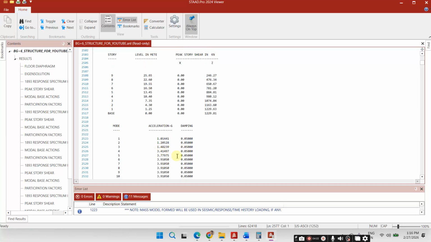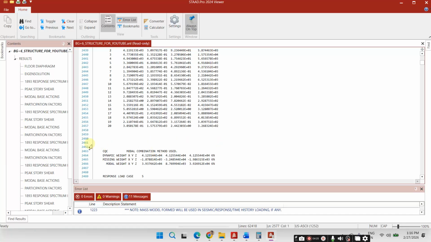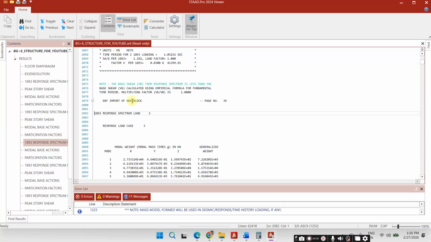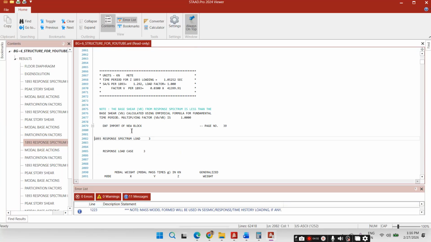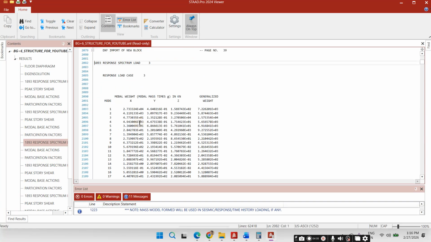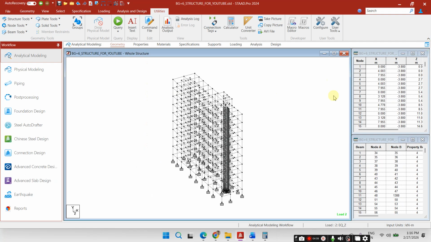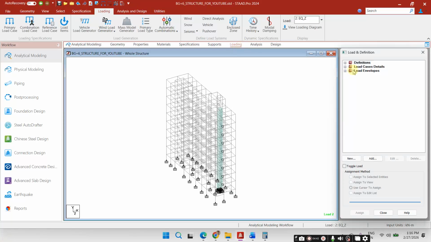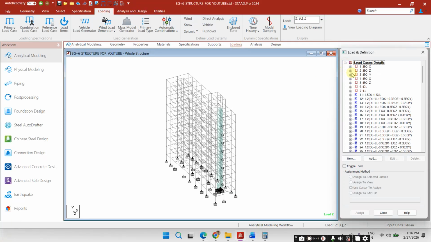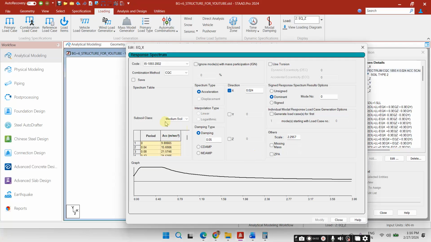Now I will describe how to calculate the response spectrum, that is, how the response spectrum comes. Minimize that and go to loading, load case, and in this case click here and edit. Here we can clearly see you can also change the code.